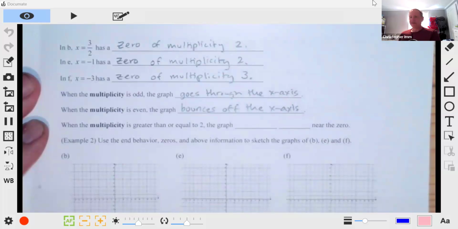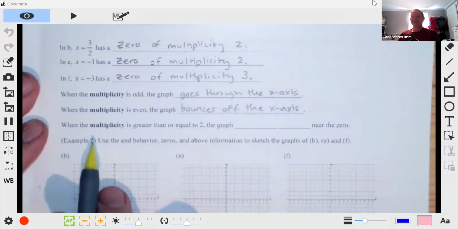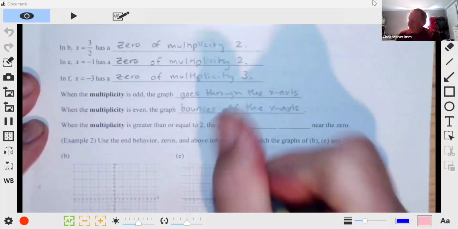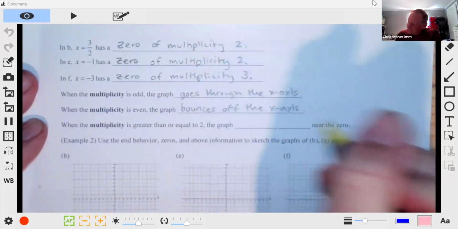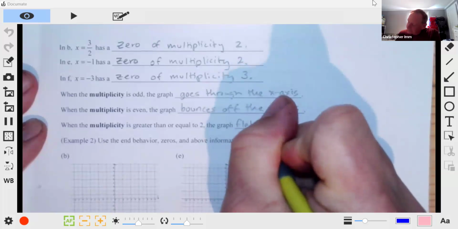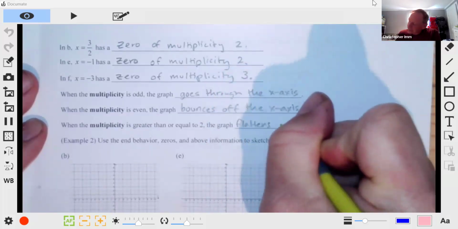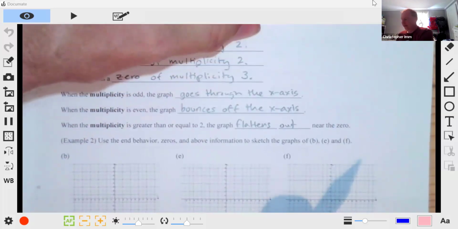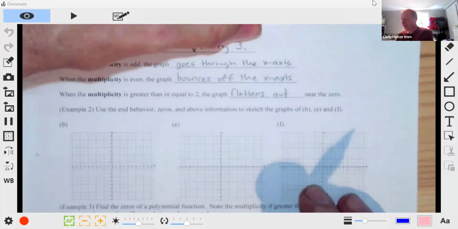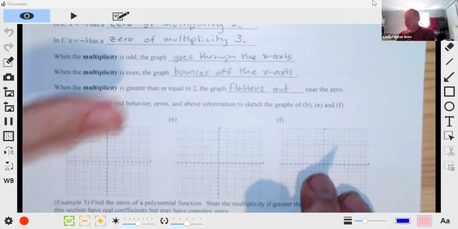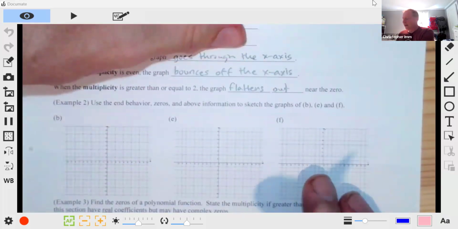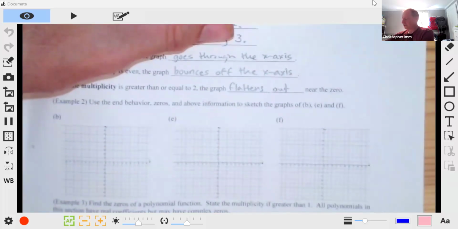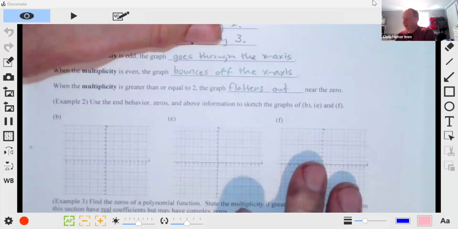And it turns out, in fact, when we have a multiplicity of 2 or greater, so if we have a multiplicity of more than 1, the graph is going to flatten out near that 0. So if I were to plot these three, I'm going to just graph those functions for us.